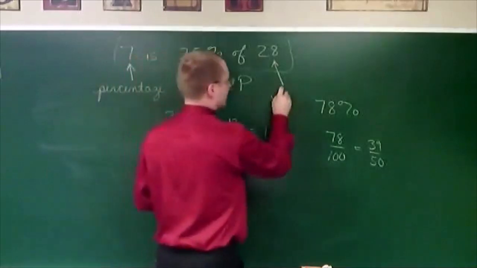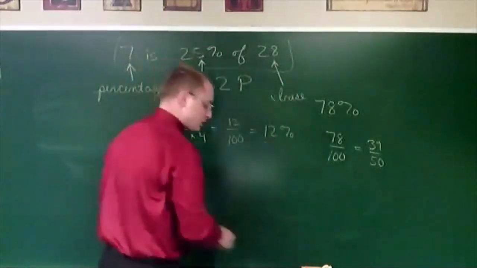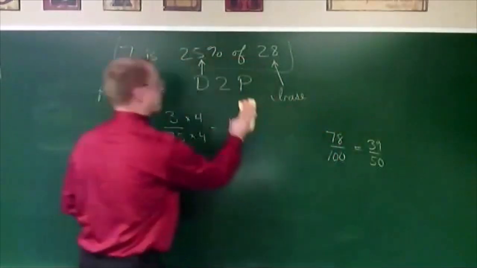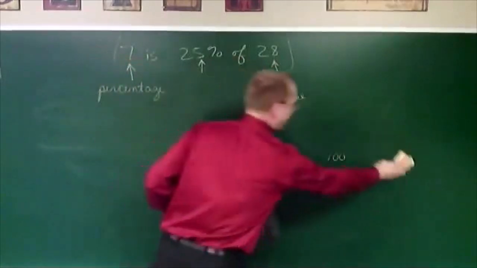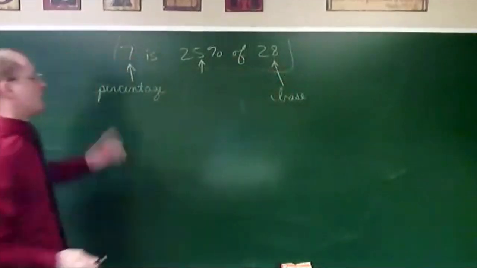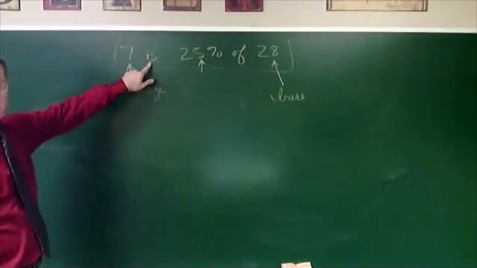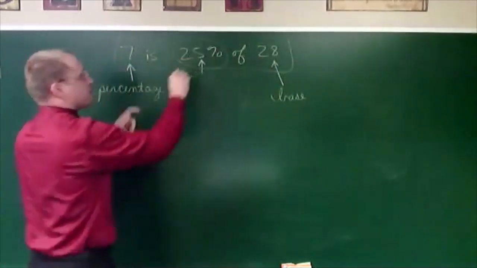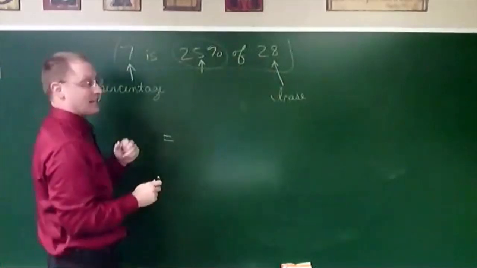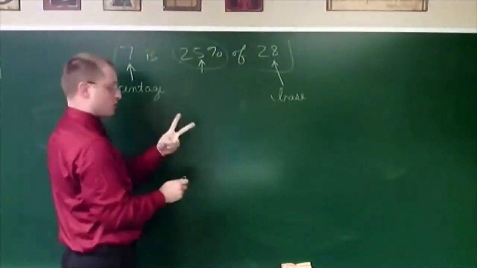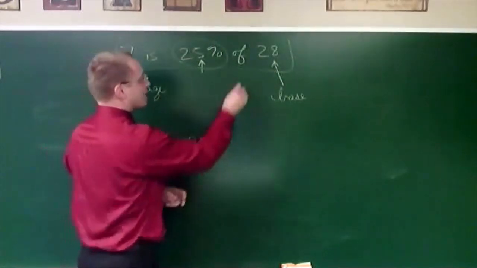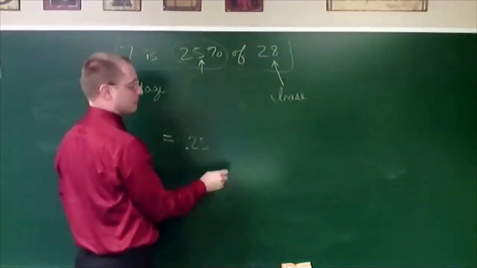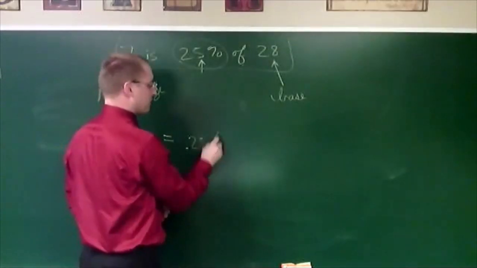I didn't emphasize these terms very much because the terms are not quite as important as knowing how to work with them. The key to remember is that the word is means equals. A percent should always be written as a decimal with two decimal places, so 0.25. And of means multiply.